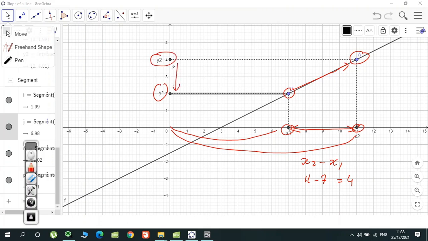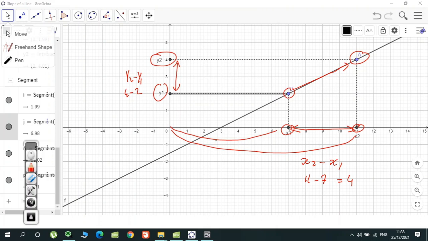The change is y2 minus y1, so 4 minus 2. This is how we find the change on the x and y axes along the line.